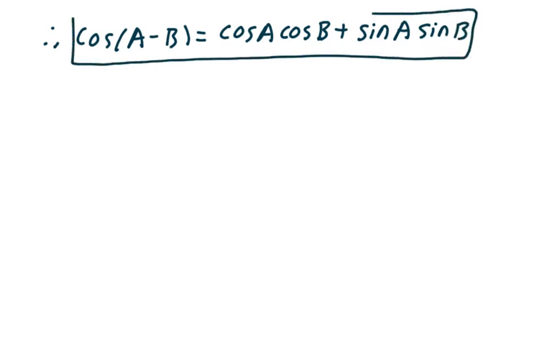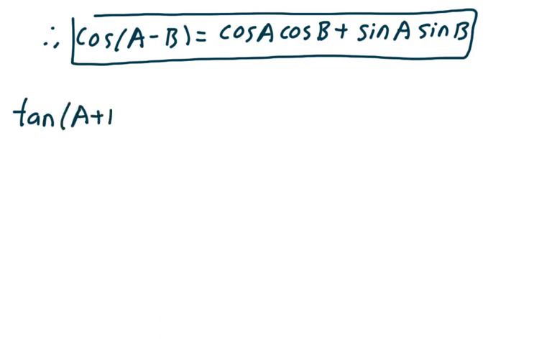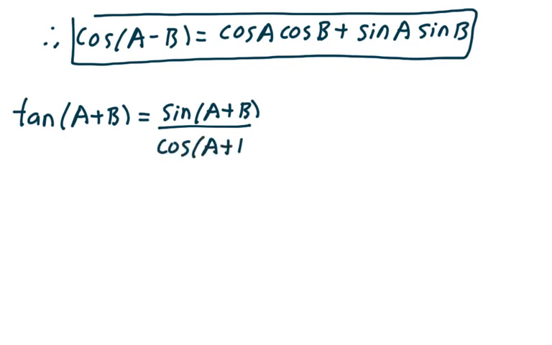Now, what we want to do is look at an identity for the tangent of a plus b. But this is sine of a plus b divided by cosine of a plus b. So you could always rewrite it in terms of sines and cosines, right?